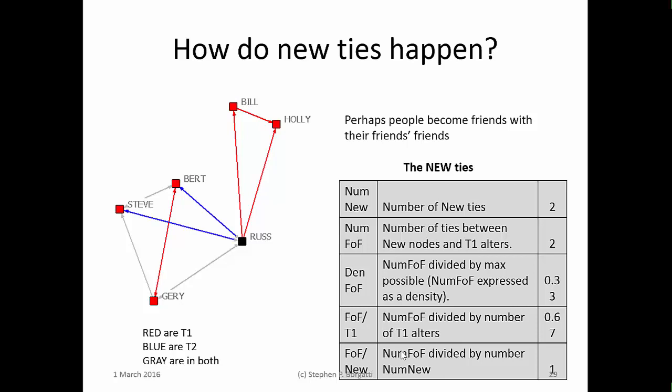Well, maybe one reason is that Russ is being introduced to people by people in his existing network. Or it could be a characteristic of Russ that he can't really adapt very easily. It's not easy for him to pick up strangers as friends. The only way for him to get new friends is if they're kind of already pre-vetted by his existing friends, his existing network.